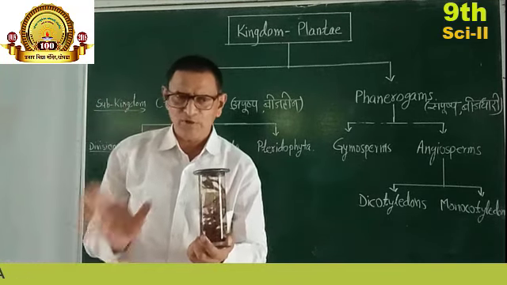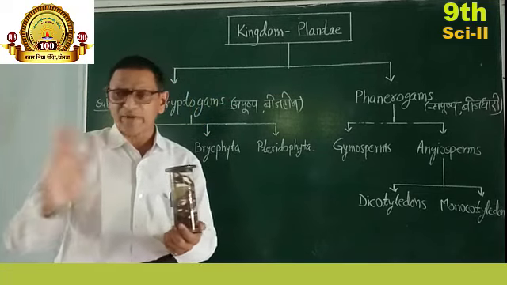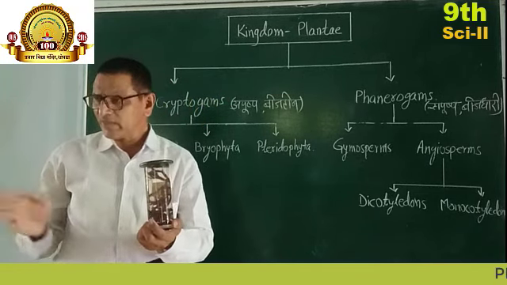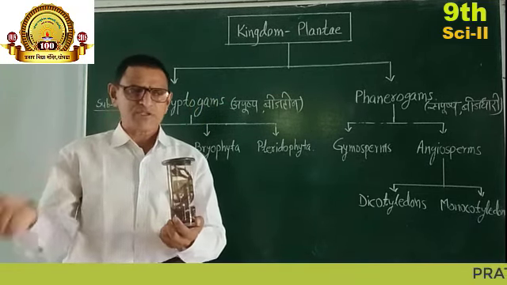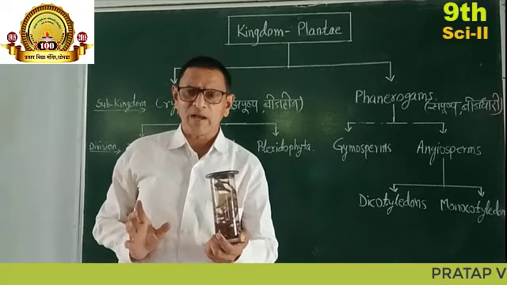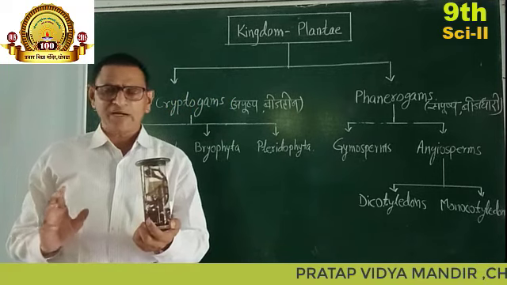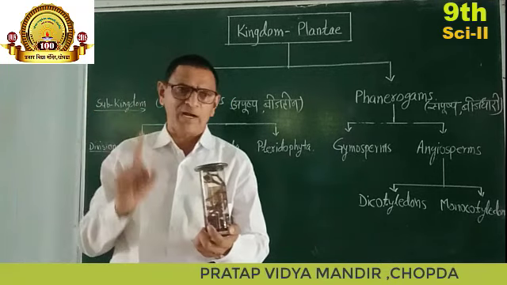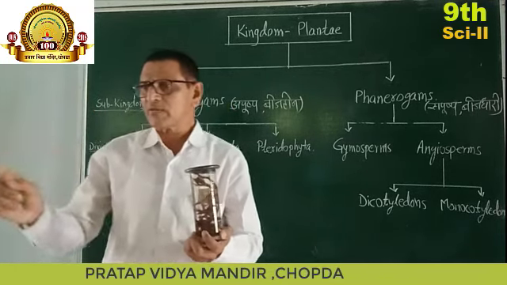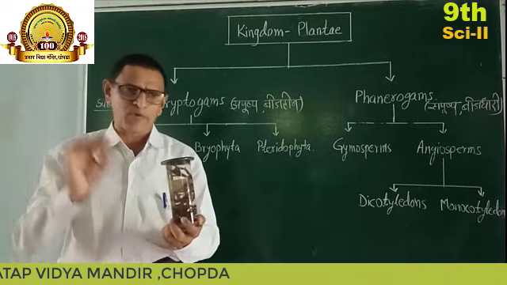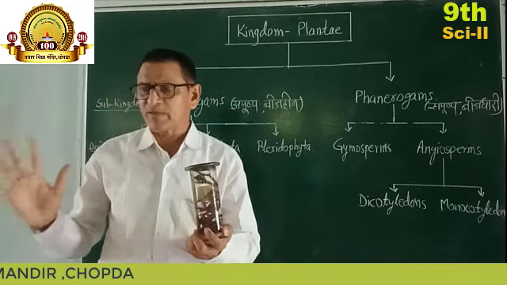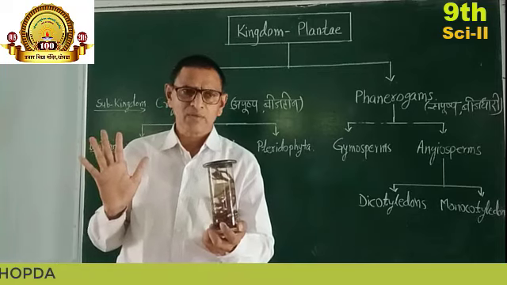Now I just show you, but if you have spare time in the intervals, please visit the biology lab and request the lab assistant. Definitely he will try to show you, but you must observe these specimens in a proper manner and with discipline. Okay?